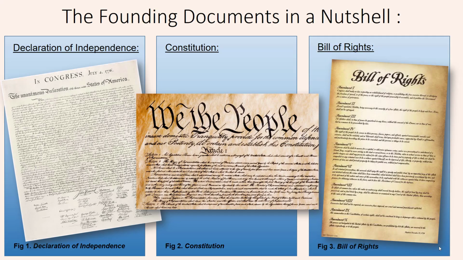These are the first 10 amendments, and we'll talk about that more in the future. But these are the three big documents here: Declaration of Independence, the Constitution, and the Bill of Rights. Documents 1 and 3, as you can see, pretty brief. The Constitution is the one document that we'll not read in its entirety.